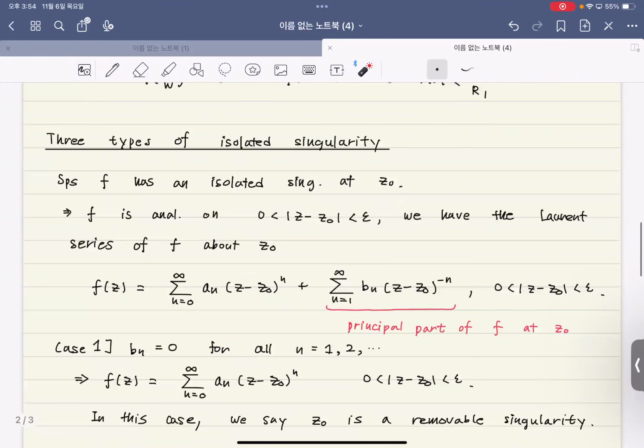So this is my principal part of the Laurent series of the singularity, and a priori you must expect infinitely many non-zero coefficients b_n, but suppose that I only have finitely many non-zero coefficients for this b_n. So therefore, eventually every coefficient will turn to 0 if my n is sufficiently large.